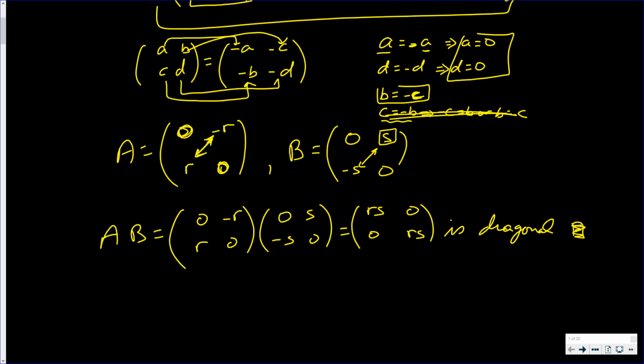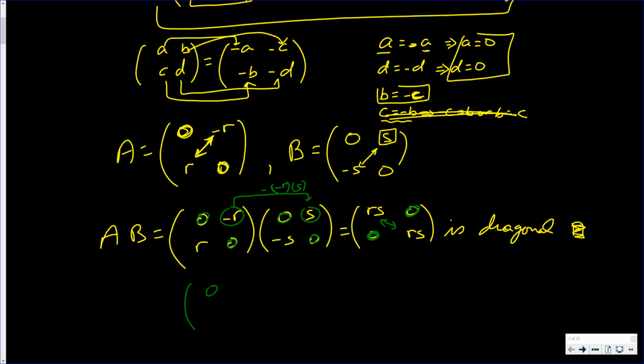But let's just look at it a little bit more closely. This time, you have the matrices A and B. They started off with zeros on the main diagonal. The product will have 0 on the non-main diagonal, and the entries on the main diagonal will be equal. That equal number will be negative the product of the two.